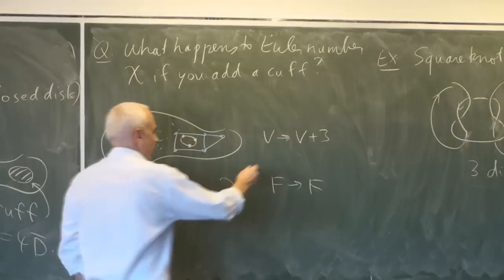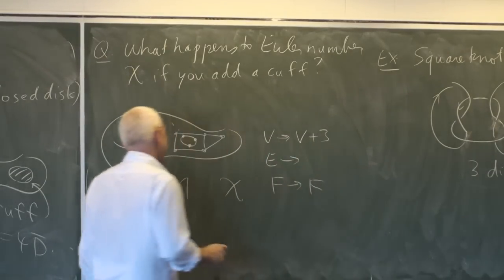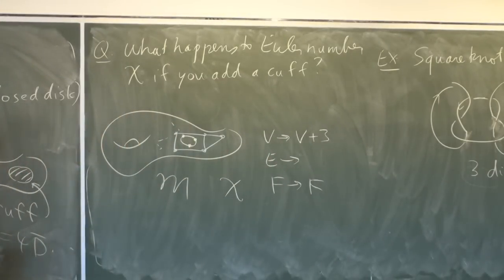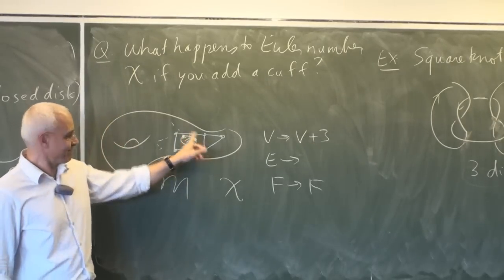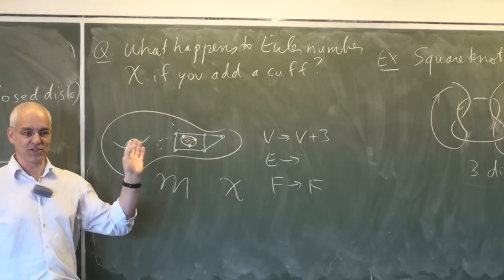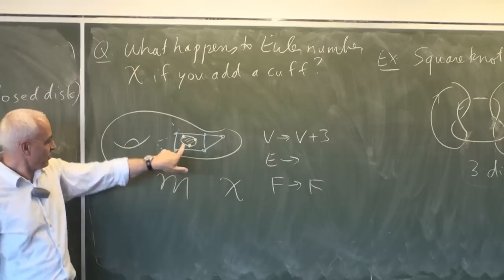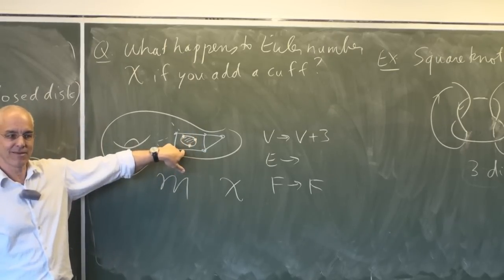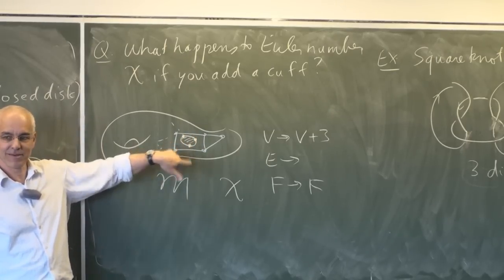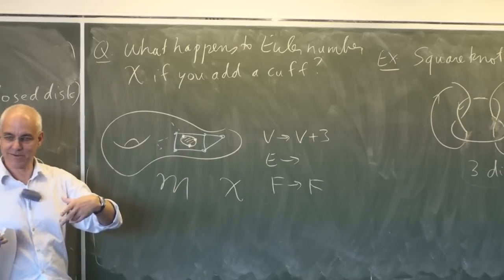What happens to the number of edges? Well, as it stands, if I just cut out this hole like that, it's not actually a polygonal combinatorial surface the way we've been defining it, because what's left over from this polygon is not a polygonal piece. It's like an annular piece.